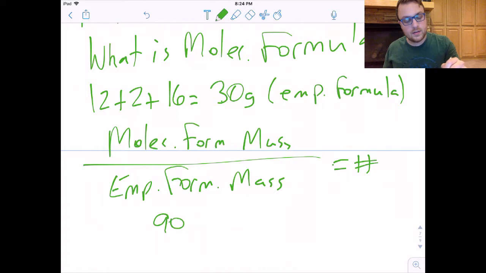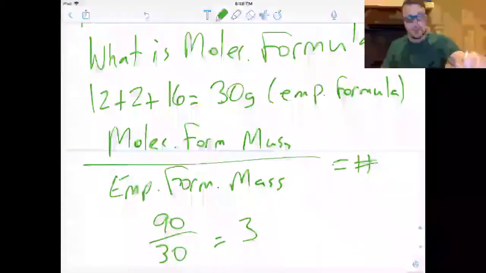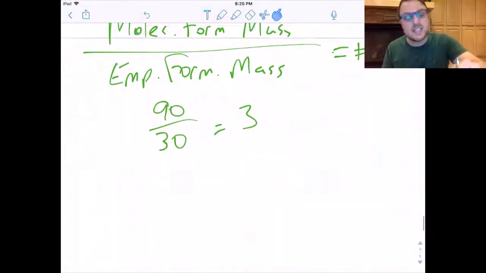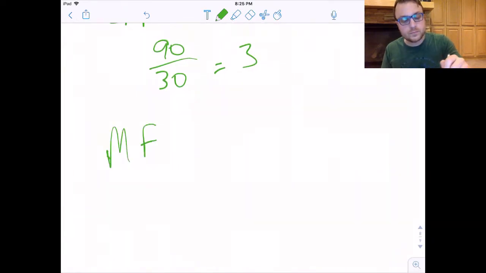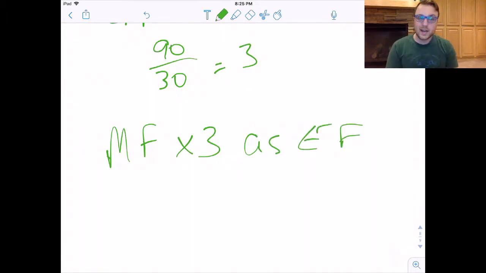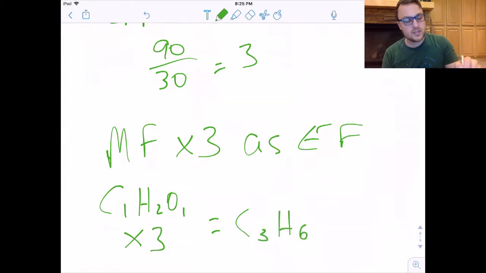The molecular formula weighs 3 times as much as the empirical formula? How interesting. So let me take C1H2O1 and just multiply those all by 3 to get C3H6O3. So that ratio has remained the same. It's still a 1 to 2 to 1 ratio. Because if I divide them by 3, I get 1 to 1. Does this in fact weigh 90?